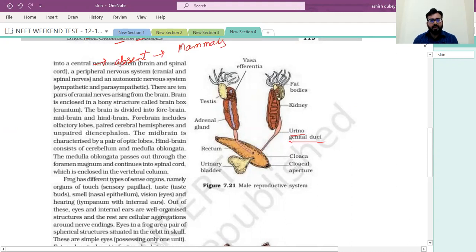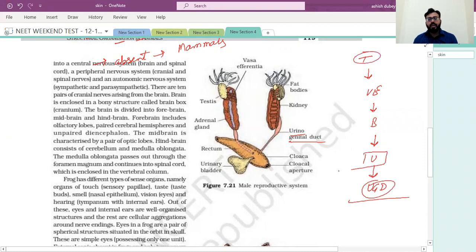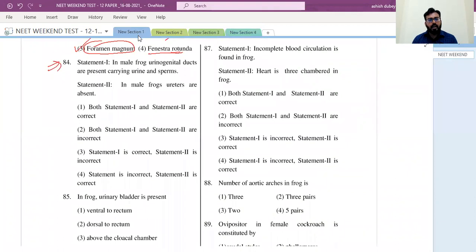It is arising from kidney, but the testes are giving rise to vasa efferentia joining Bidder's canal, joining the ureter to make the urinogenital duct. So actually the secretions of testes are uniting with the ureter to make it a urinogenital duct, not just a ureter. So that's why we can say yes, in male frog urinogenital ducts are present carrying urine and sperm.